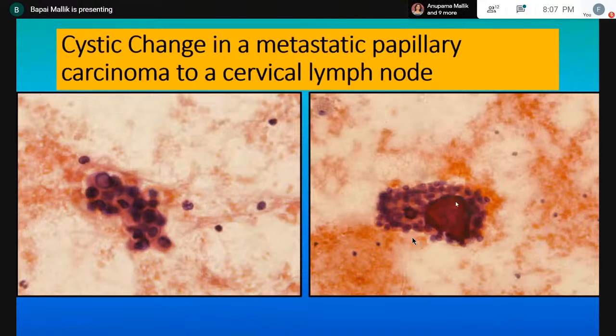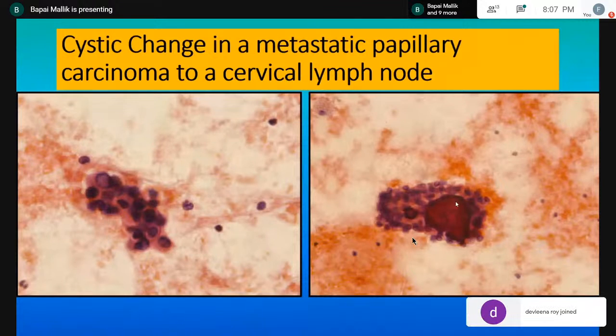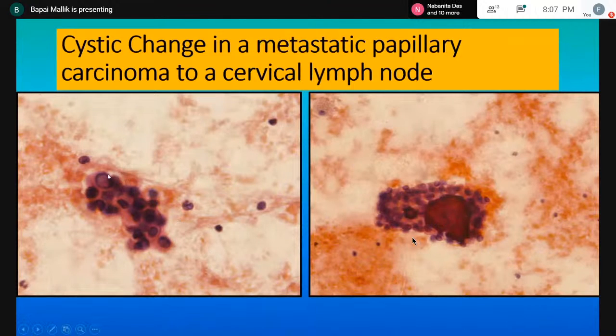So you're just about to leave the slide aside and say, okay, unsatisfactory smear. And suddenly at the corner of your eye, you start picking up these clusters. They've got rounded ball-like clusters, and you suddenly see, oh my God, there is an inclusion over here, right? There's an intranuclear inclusion, and then you say, okay, let me go back to the slide. You start screening again and suddenly find another cluster where there is some psammoma body.